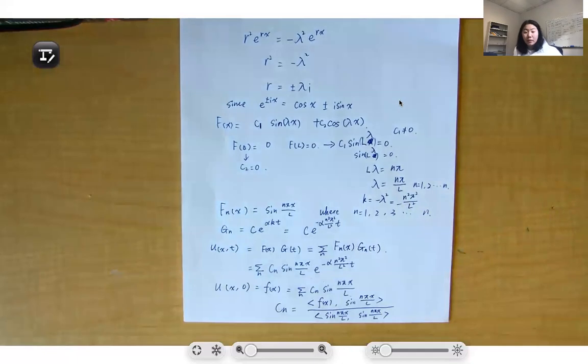Okay, so this is how you get the coefficient part.